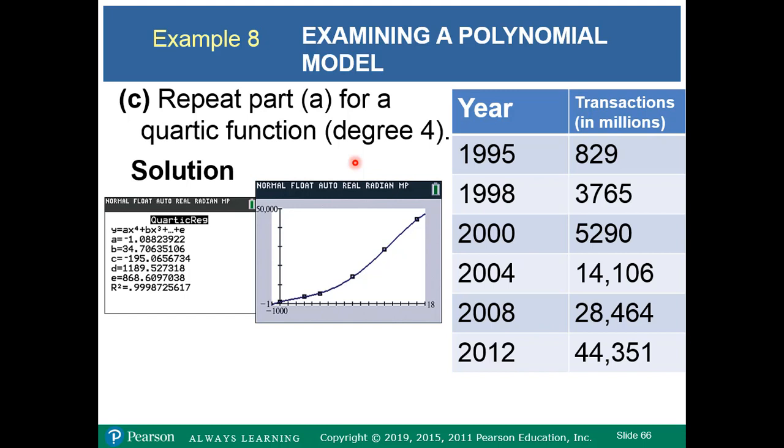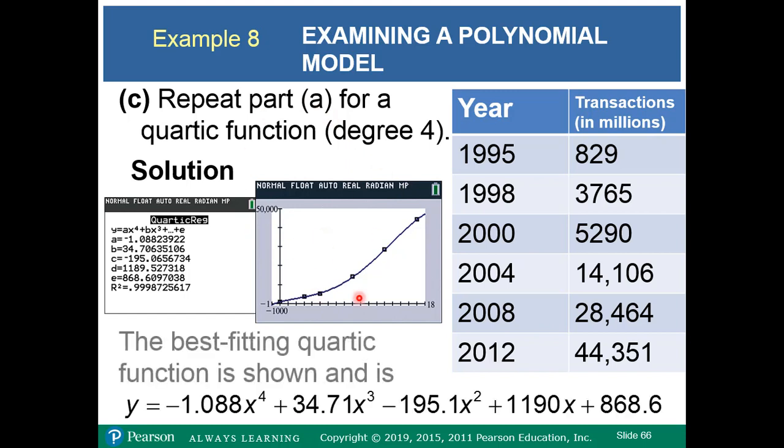Or we could use a quartic function, a fourth degree. And so this is the best quartic function that models the data. Okay, so sometimes there's more than one function we could use. We have to use what's appropriate based on what we know, expert opinion, and things like that.